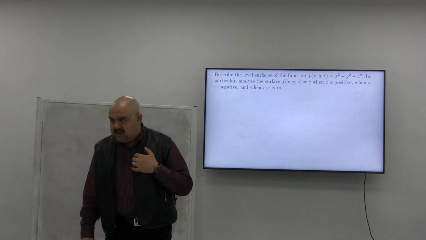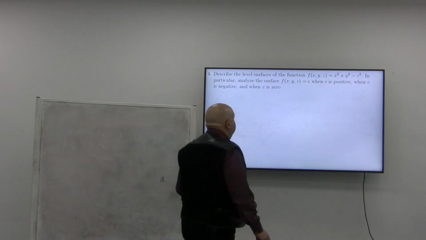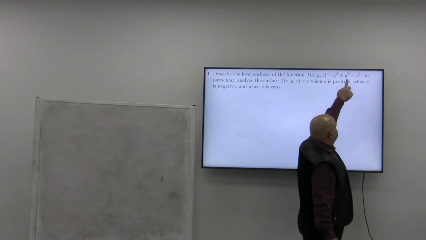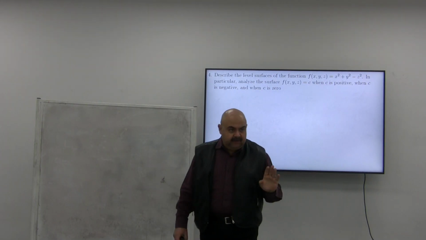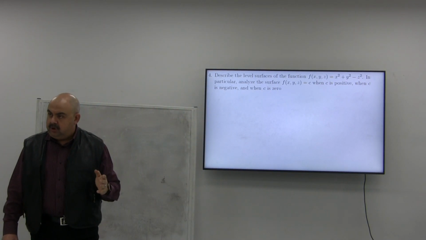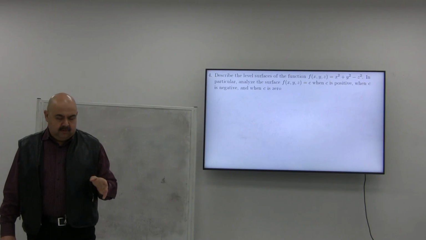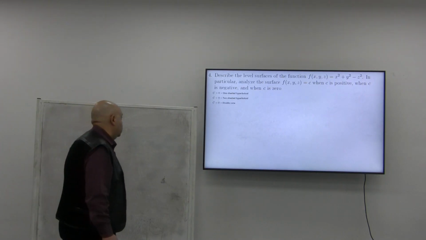But as we can see from this equation, we have two axes with positive sign and one axis with negative sign. And he's telling you to analyze this surface in the cases if C is greater than or equal to 0, C is less than 0 or a negative sign, and when C is equal to 0.